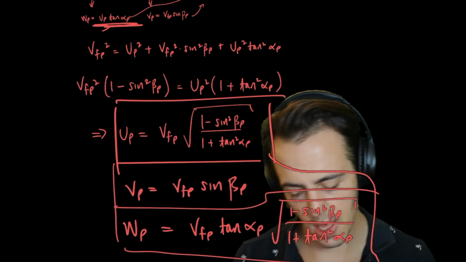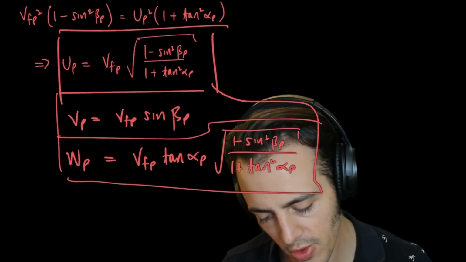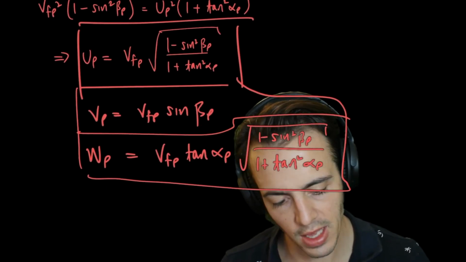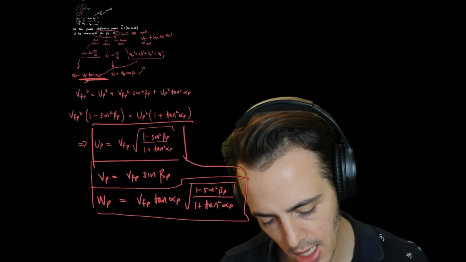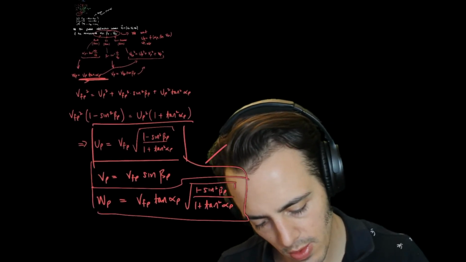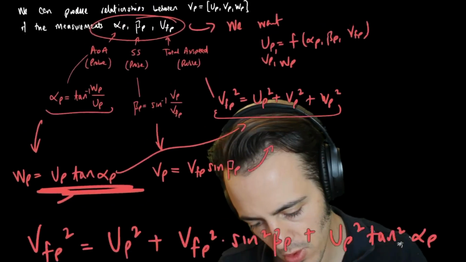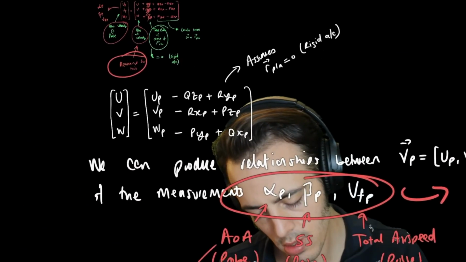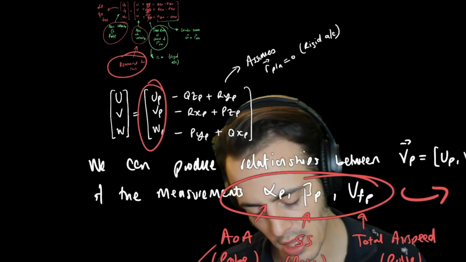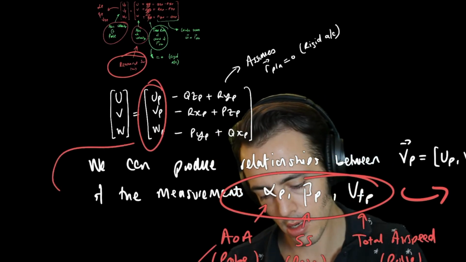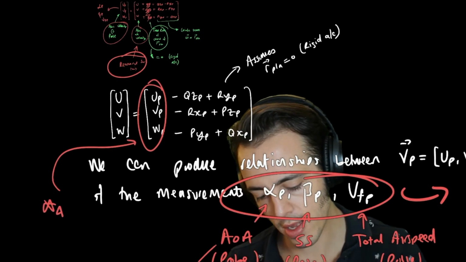Okay, so these here are our expressions for the velocity at the probe as a function of the total velocity and the things we measure. Let's call this asterisk 4. Asterisk 4 can now go into these bits here. We're going to take asterisk 4 and substitute them in.